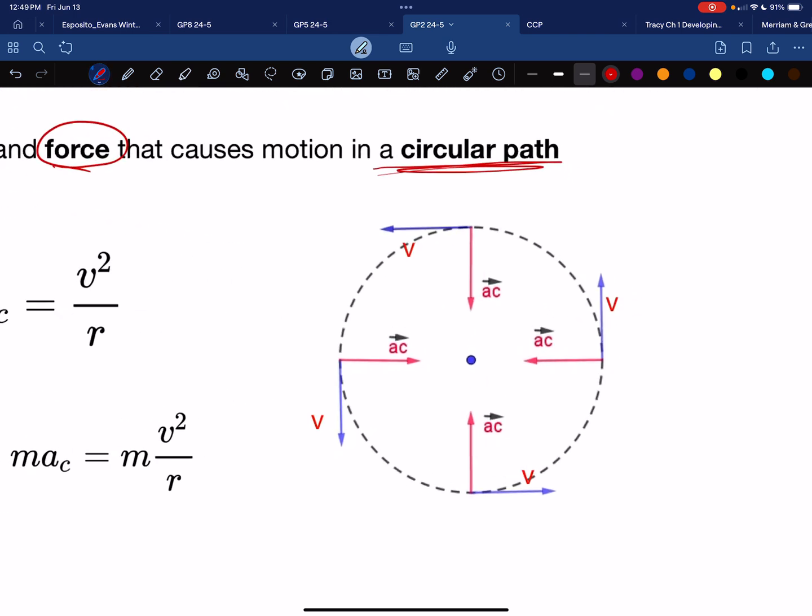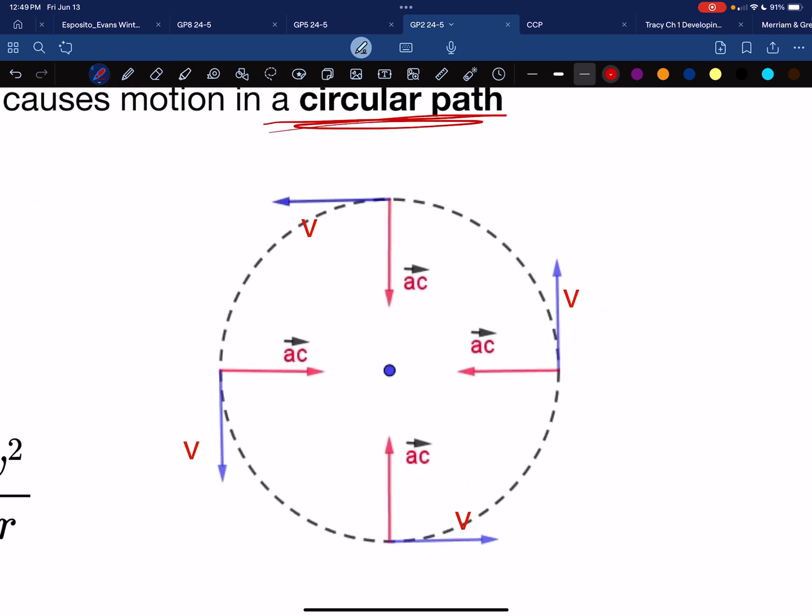So what we have over here in this picture is a very, very important geometry for us to know, is that if there is an object moving around its circular path like so, at any instant in time, at any location, say for example over here at about 3 o'clock, there is this line called a tangent.